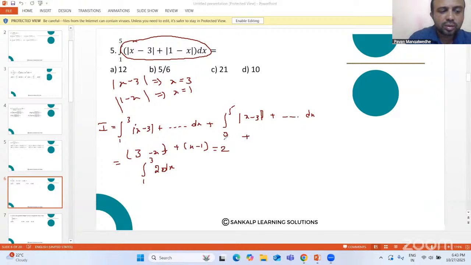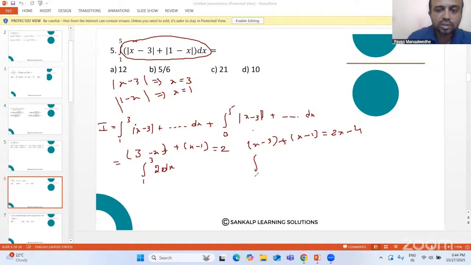Similarly, for 3 to 5, it gives x minus 3 plus x minus 1, which gives 2x, since x plus x is 2x, and minus 3 minus 1 is minus 4.